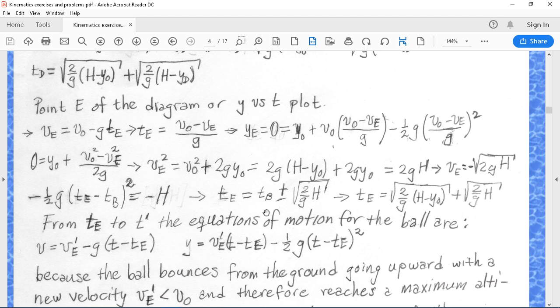Okay, so replacing this and replacing the value for V0 in this equation, we get that T equals this radical, which corresponds to V0 over G, plus this radical here, which corresponds to minus Ve over G.